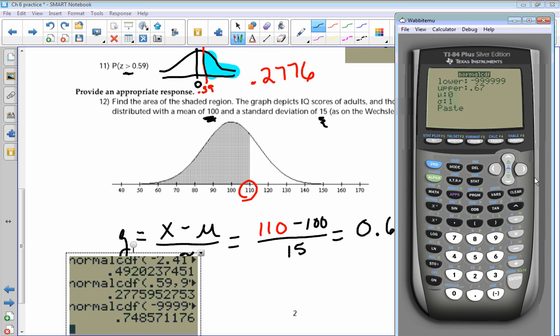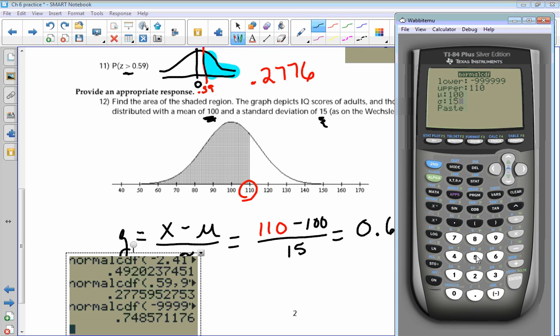So my lower limit is going to be negative 999. But my upper limit, I'm going to put my actual score in there. I'm going to put 110 because that's what I want. Mu, I can enter as 100, and the standard deviation I'm going to enter as 15.